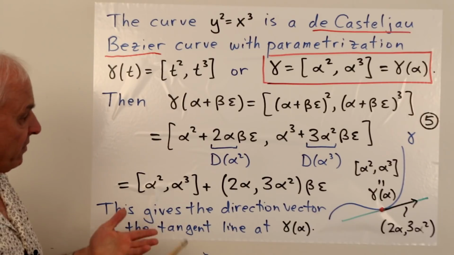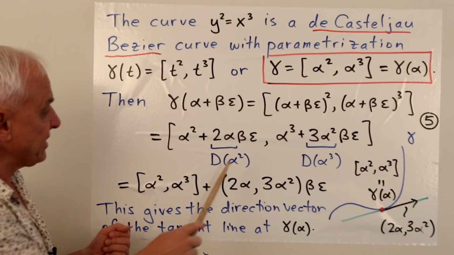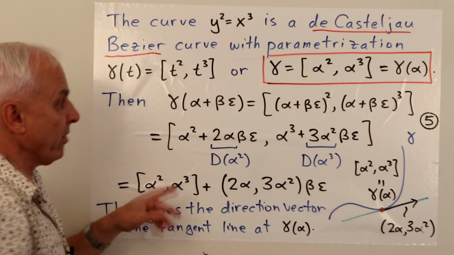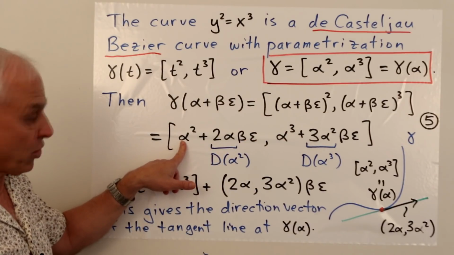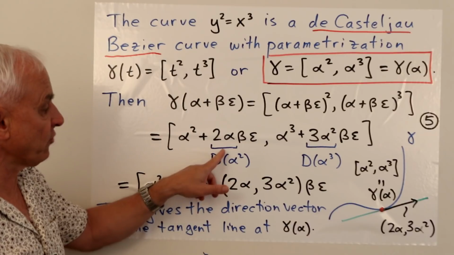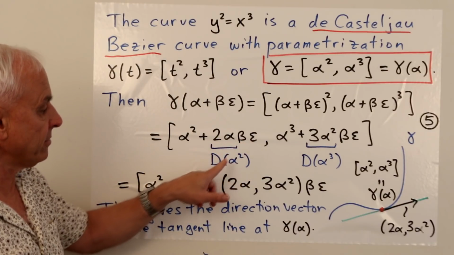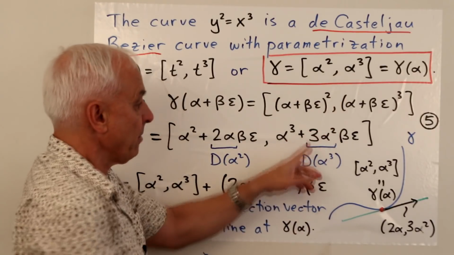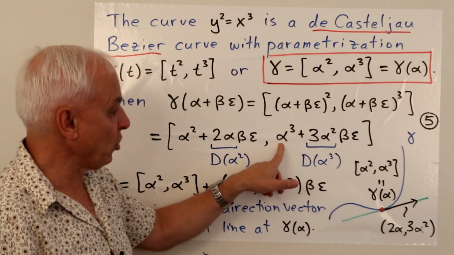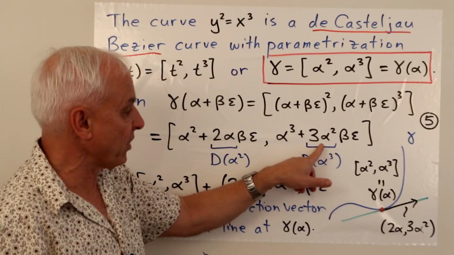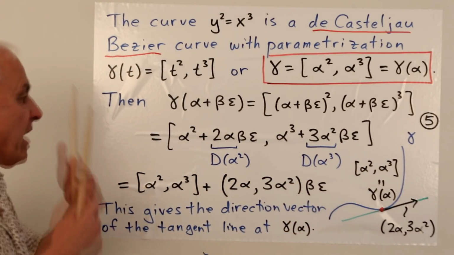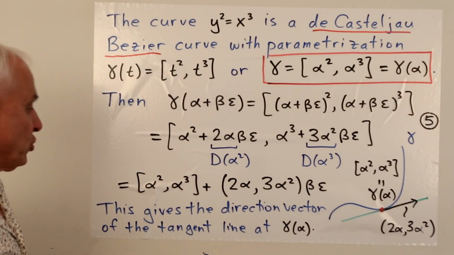By our derivative theorem, this captures the first polynumber alpha squared occurring right there, and over here is its derivative times beta epsilon. And here is alpha cubed, and its derivative times beta epsilon. So that matches what we should expect.